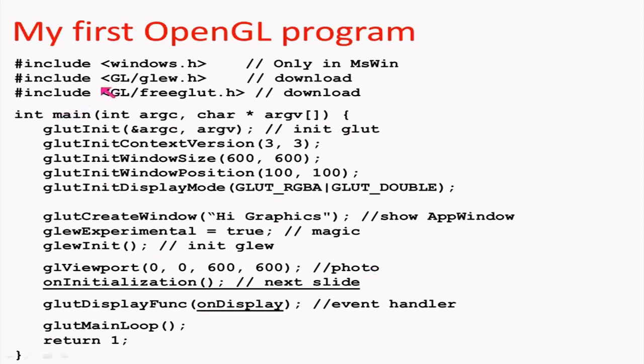Two header files are needed. Windows.h is needed only if the program runs in a Microsoft Windows environment. GLEW is the OpenGL Extension Wrangler Library that finds out what extensions are supported by the current GPU at runtime. It is our interface to OpenGL, which works even if we select a higher OpenGL version than is supported by the header file on our computer.